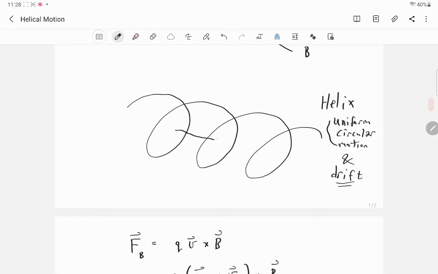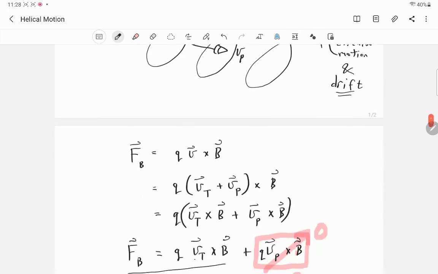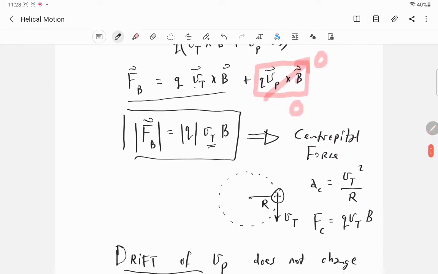So you get a drift of our particle with the parallel component, and you get circular motion along the sort of cycle of the helix of transverse, and the radius of this helix is related to other quantities, including the mass of our little particle, just by circular motion argument, right?